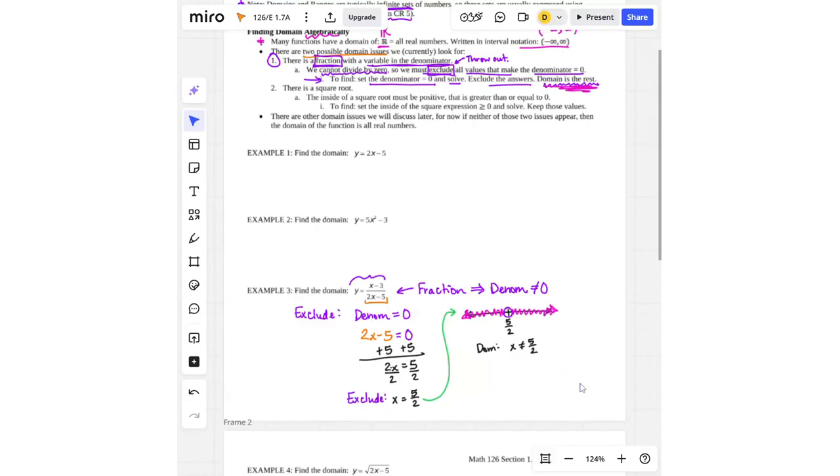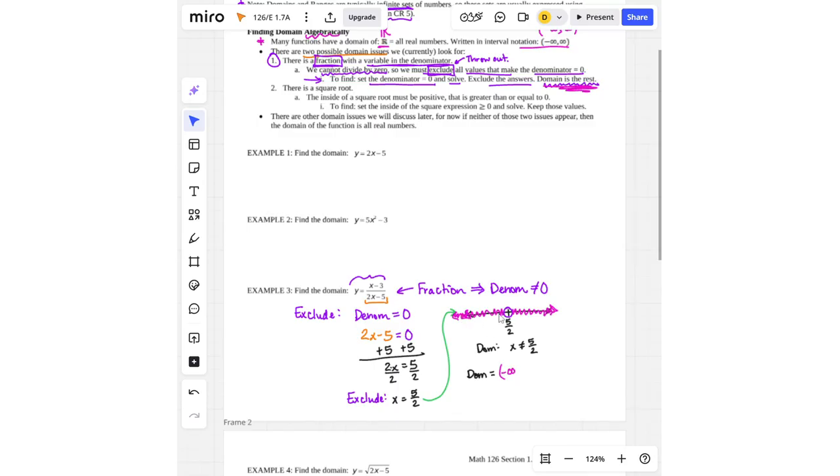So to write our domain in interval notation, we would say the domain is equal to, because this is going down and down and down forever, there's no smallest value. So if there's no smallest, we would use negative infinity, always parentheses around negative infinity.